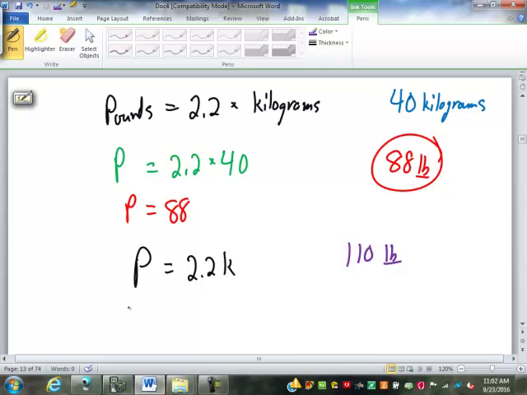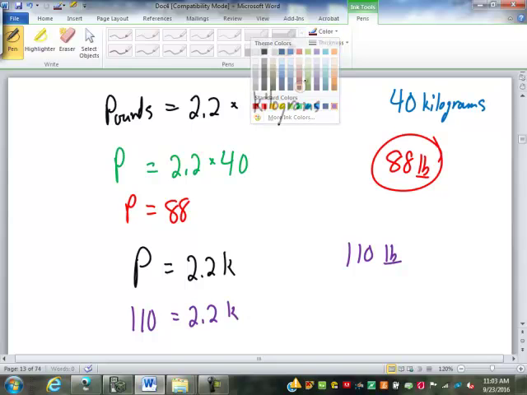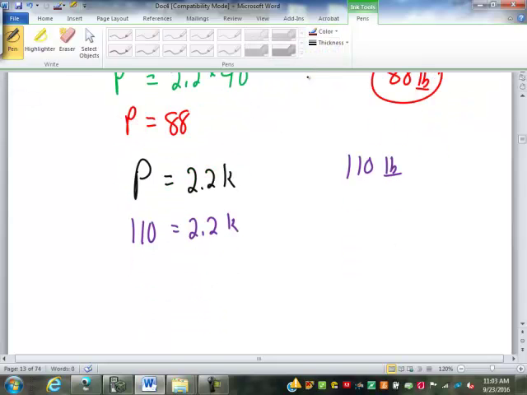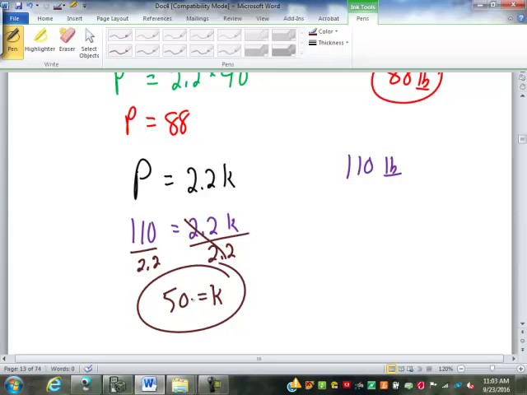So we can put the 110 in for P equals 2.2K. Now it's just solving an equation for K. It's been multiplied by 2.2, so we divide by 2.2. To get that 50 equals K. So a patient that was 110 pounds is 50 kilograms.